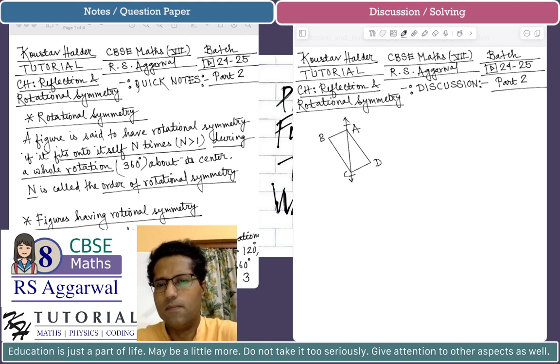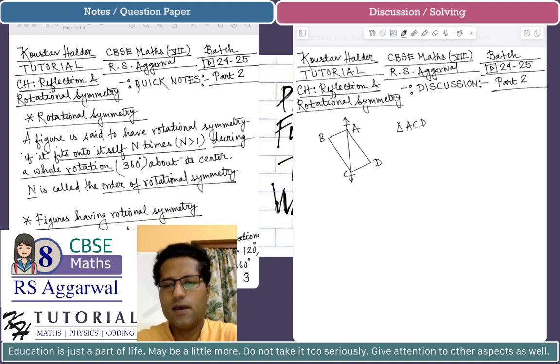Both sides should look identical, meaning that about the line of symmetry, if you take the reflection of both the parts on either side. So for this line of symmetry, which is the diagonal AC of the rectangle ABCD, the part of the rectangle to the right hand side of the diagonal AC is triangle ACD, and on the left hand side, the triangle is ABC.